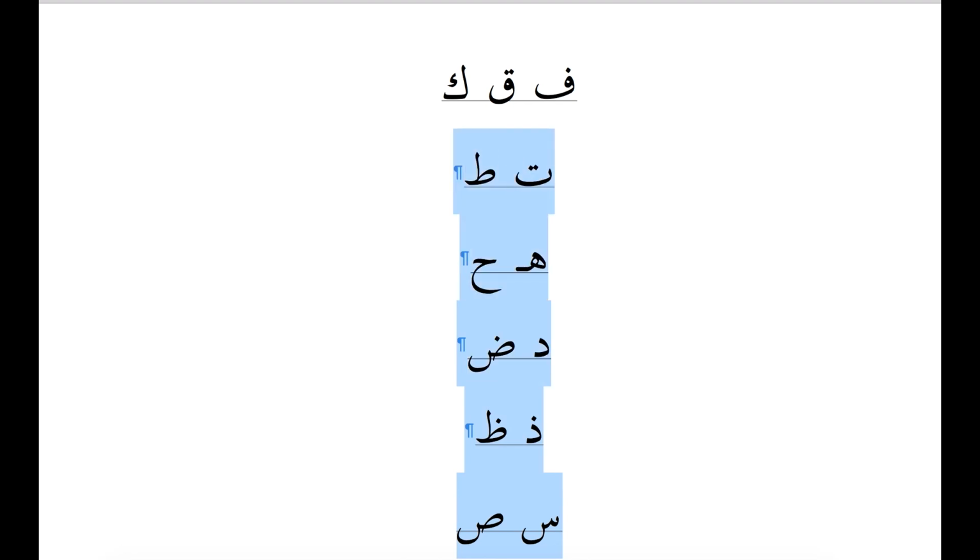Then you have ha, which we haven't studied yet, and you have ha. I'm looking at the thin letters on this column, and the heavier letters are here. You have dal and you have bad. You have dhal and you have va. You have seen and sad. So these are the heavy letters.